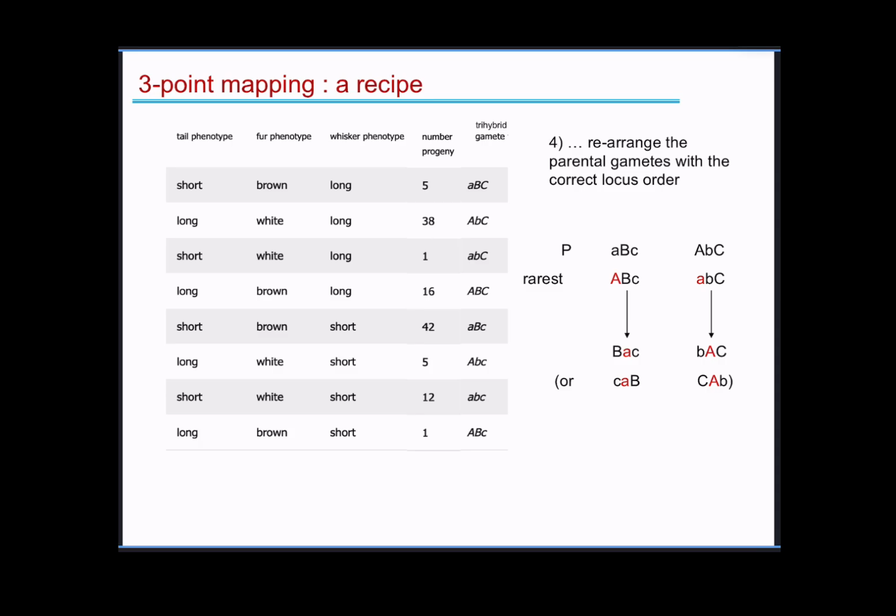Or the corresponding flipped versions. For now, just mechanics. We find the most common. Those are the parental gametes. We find the rarest. Those are recombinant, right? But what we do is we align them, and then we look for the two loci that are the same between the parentals and the rarest, and the one that is different between them, that's going to be the locus in the middle.